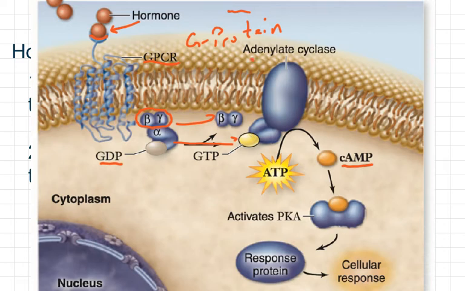And then from there, it activates the adenylate cyclase, which in turn activates cyclic AMP, which activates PKA, and then this causes the protein response that we spoke about for the mechanism of action for steroids. Now, the one portion that I want to point out is that for the cyclic AMP G protein mechanism, the activation of the GDP and the GTP are the same as for the mechanism of action for phospholipase C.